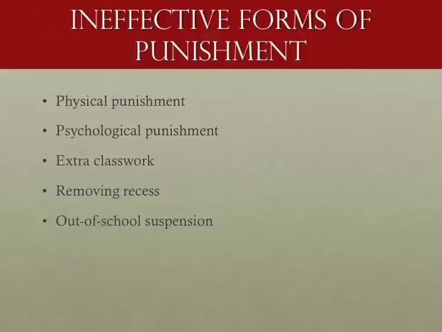Physical and psychological punishment, such as berating a student, or physical punishment, paddling a student, corporal punishment, those are obviously not good to use, but they're also ineffective. They in turn make students want to rebel or have very negative consequences rather than just decreasing the undesired behavior.